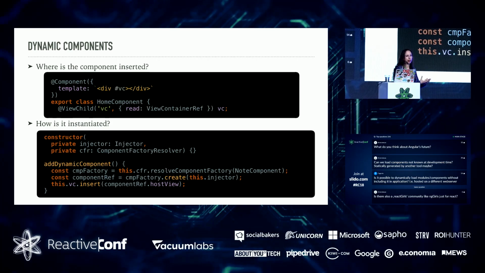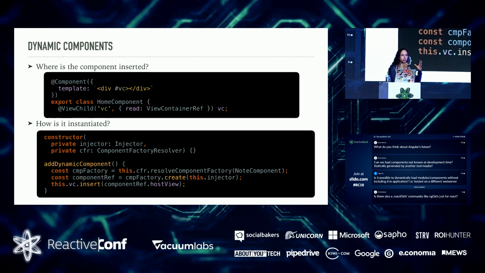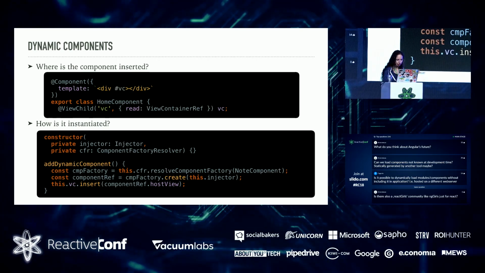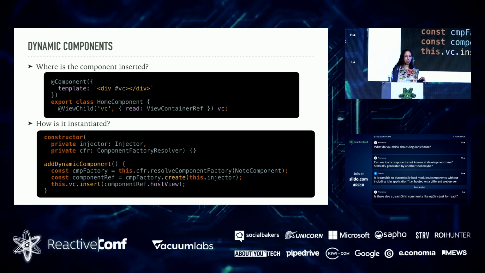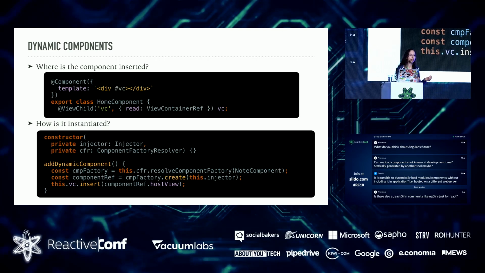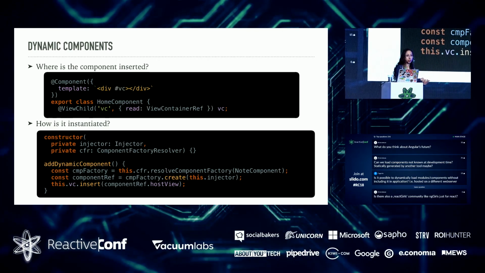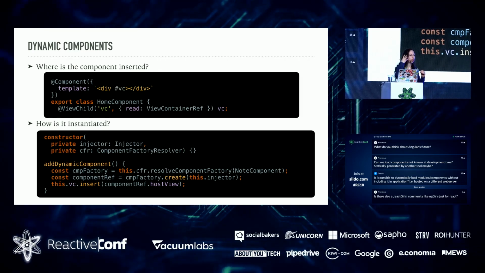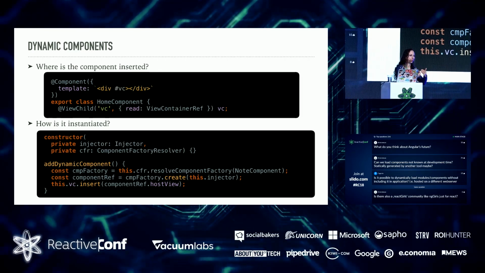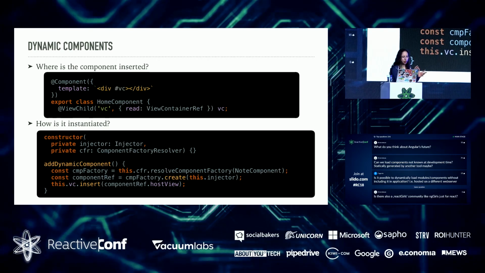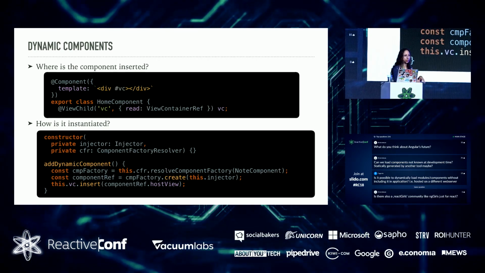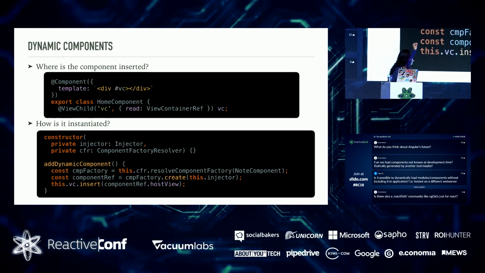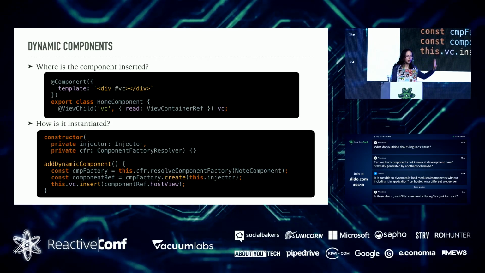Angular gives us the factory according to the component type, the class that we pass to it. And then we need the injector that we have in the component that we're attaching it to. With the injector, this is the way that we bind it to dependency injection. With the injector, we create an instance and insert it on this element.